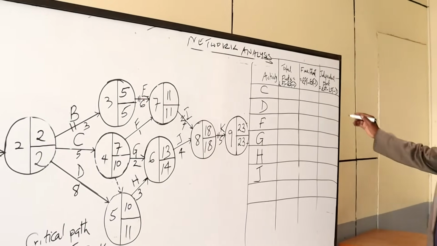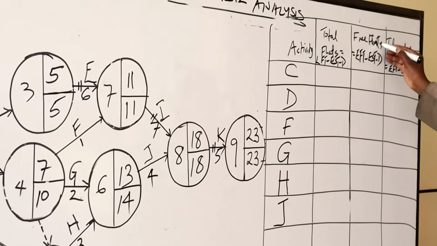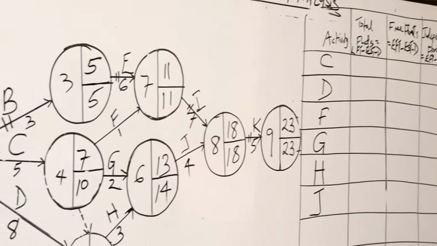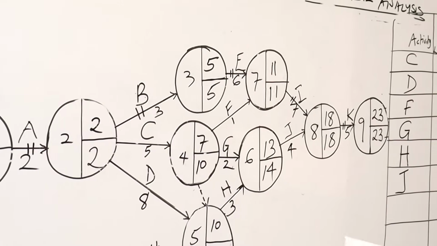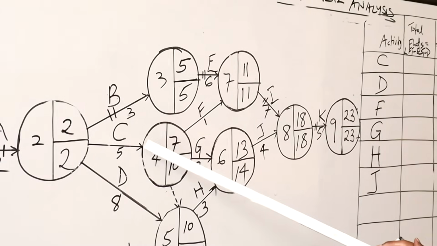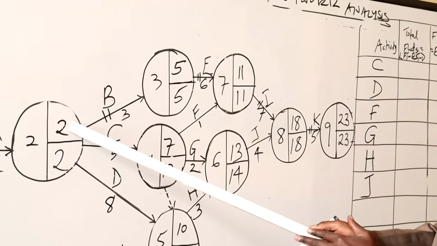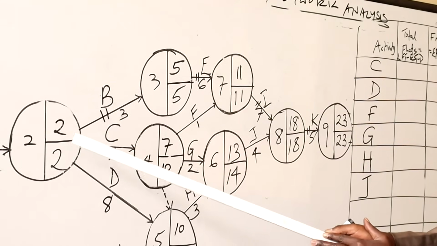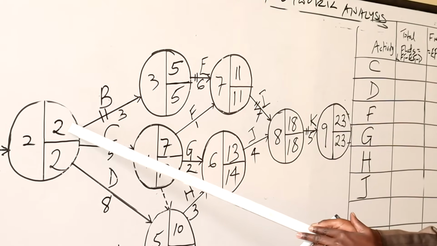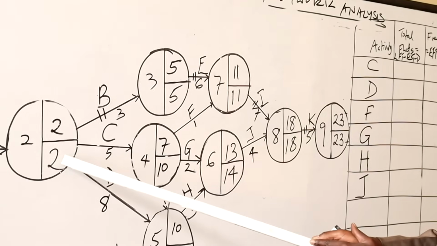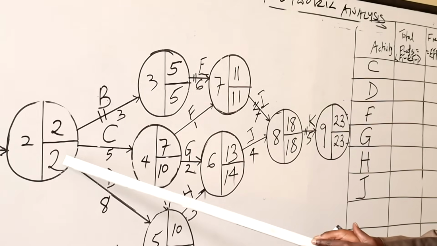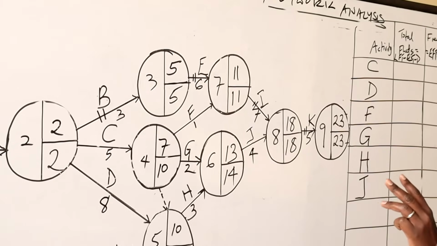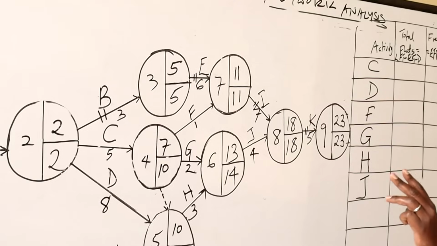So total float for activity C. Activity C starts at 2 days after the completion of A. So earliest starting time is 2, and latest starting time is also 2, because they are overlapping along the critical path.